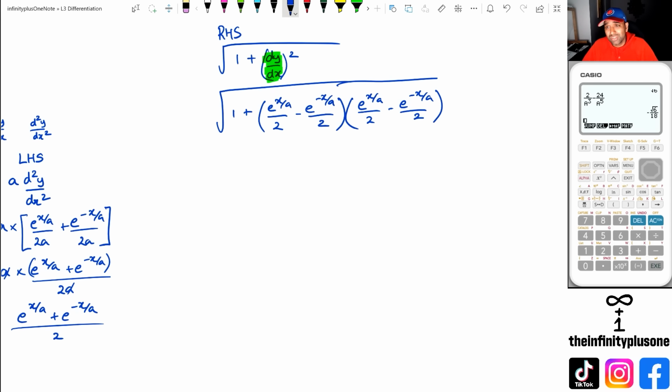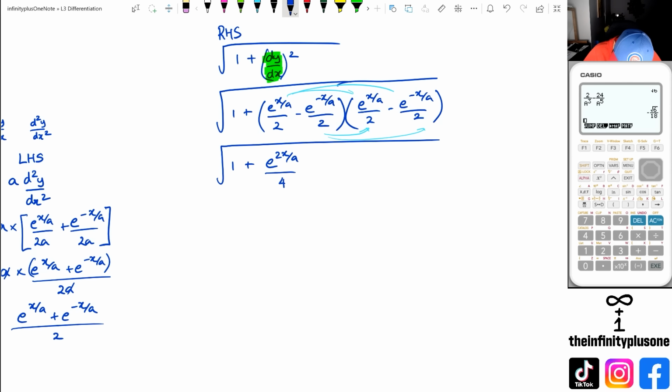And now I've got to actually expand the bracket here. So I've got 1 plus, and basically I'm expanding it like a little quadratic. Let's do the numerator first. For the numerator, I'm going to get e to the power of 2x over a, over 4.